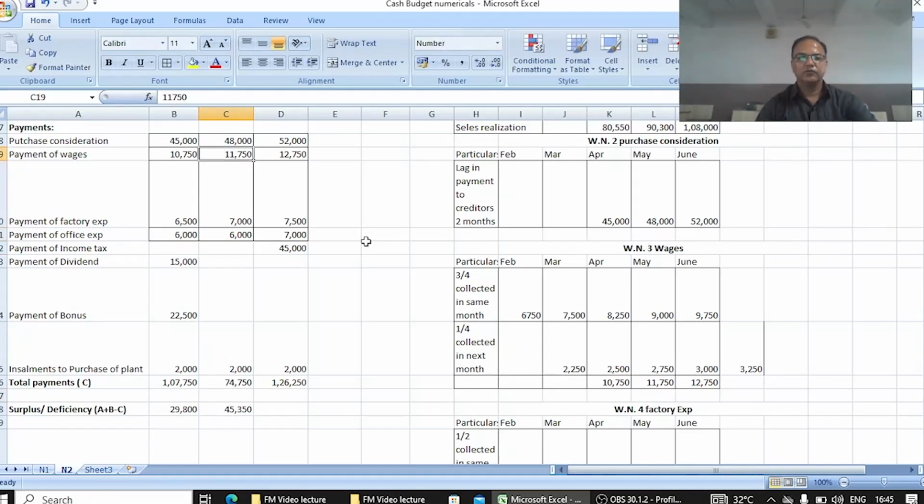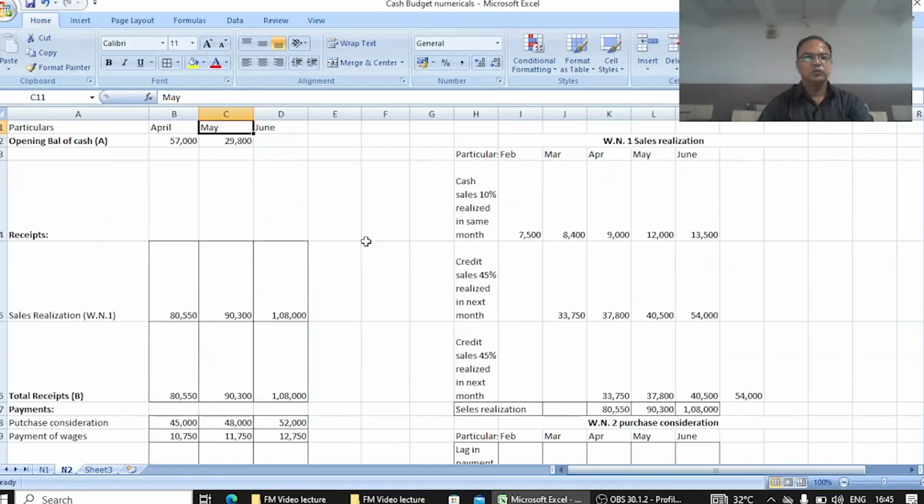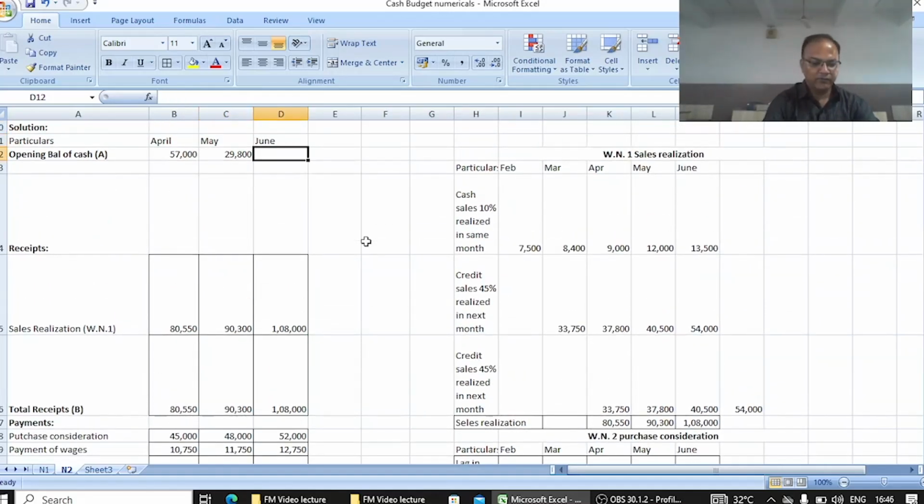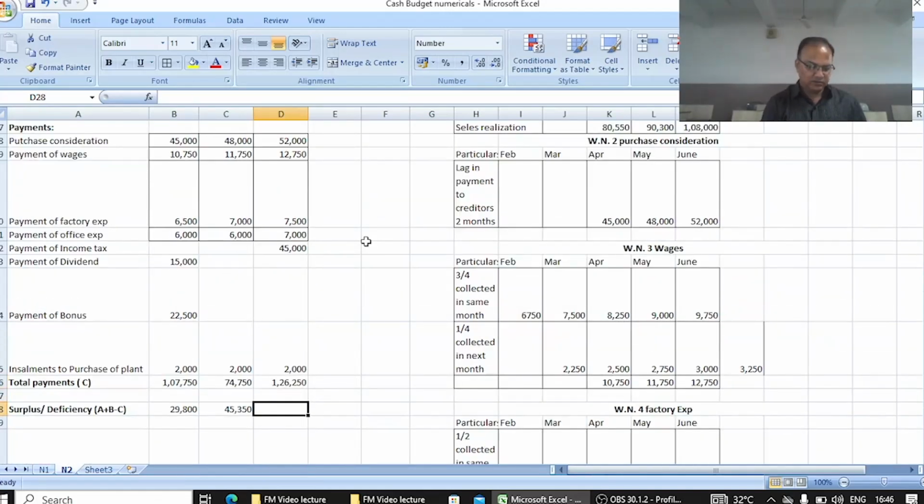Now this is opening balance, 45,350. Now 45,350 plus 108,000 is equal to 153,350 minus 126,250 is equal to 7,100.